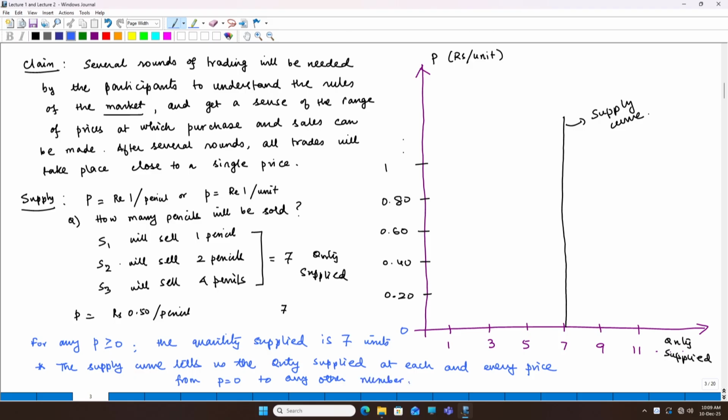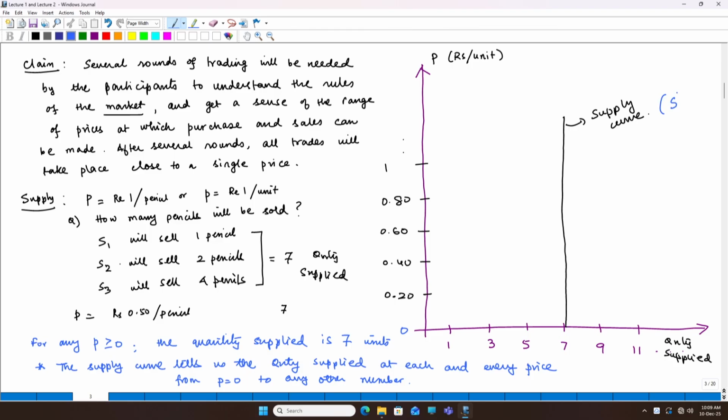Which is essentially what you see in this graph as well, right. Notice you have a price from p equal to 0 to potentially infinity, right. So, even if you were to ask me that the price per unit of pencils is, let us say, 500 rupees per unit, what is the total quantity supplied in this particular example, that answer would still have been 7, right. So, the supply curve, which is this vertical line, is capturing the quantity supplied at each and every price from p equal to 0 to p equal to infinity, right.